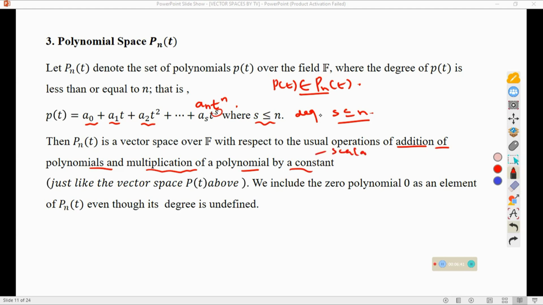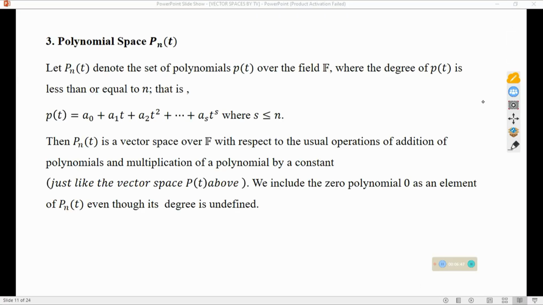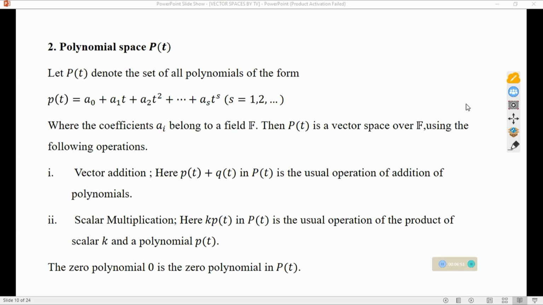So this one here is more of the same as what we talked about in our previous case, that is about the polynomial space P of t.